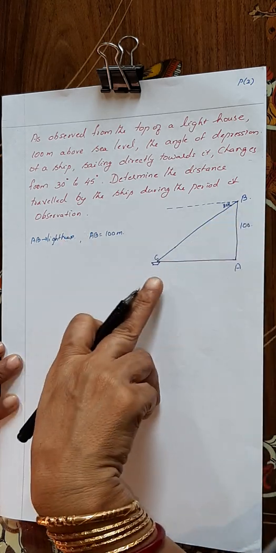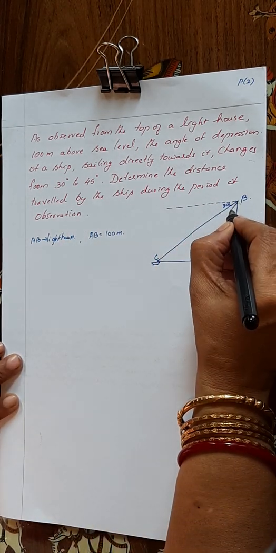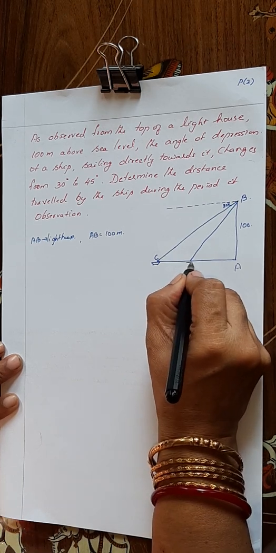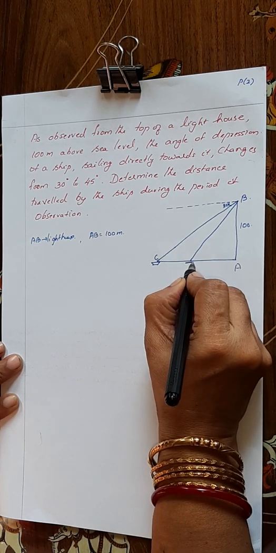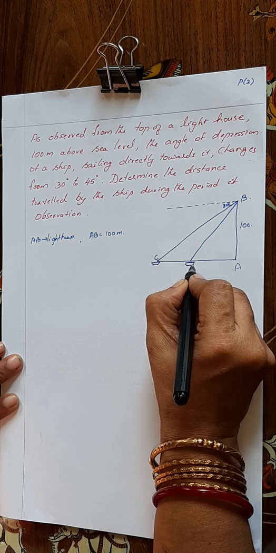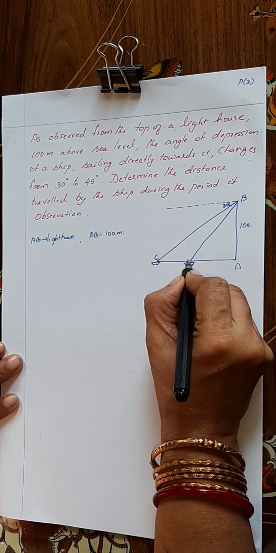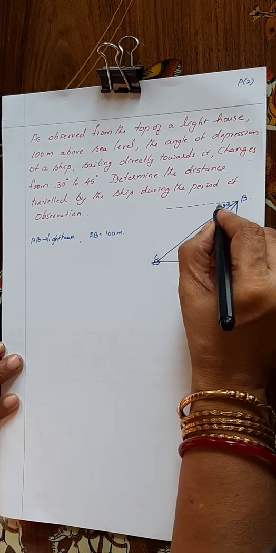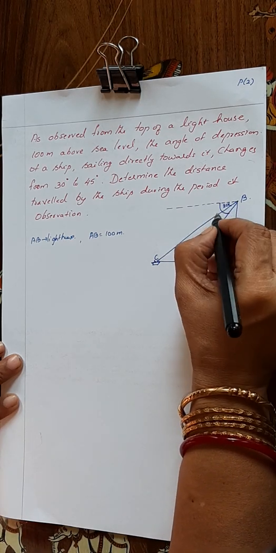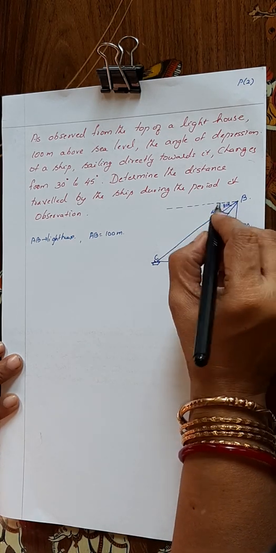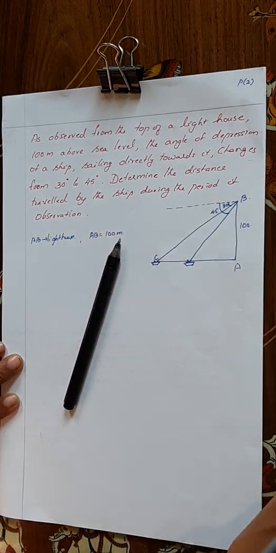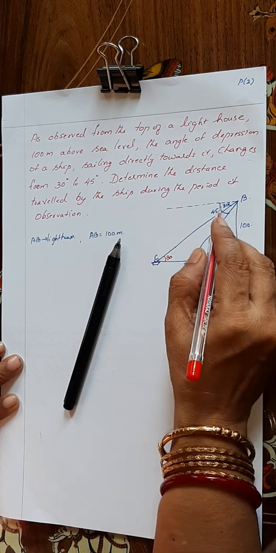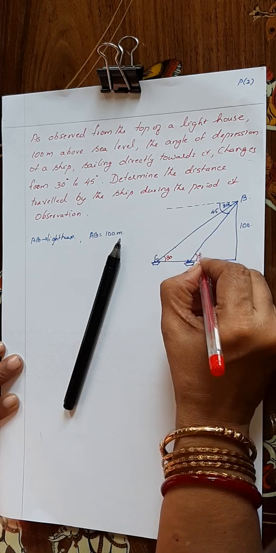Now it is moving towards the tower, so the ship is here now at D. Now the angle of depression changes to 45 degrees.